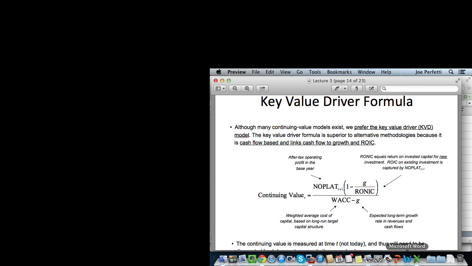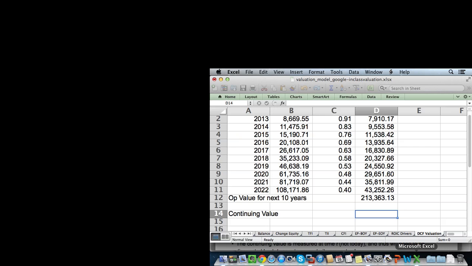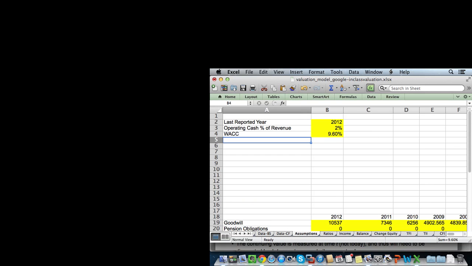So just so it's all in one place, and because I might want to change this in the future, I'm going to go back to my assumption screen and start adding those values.